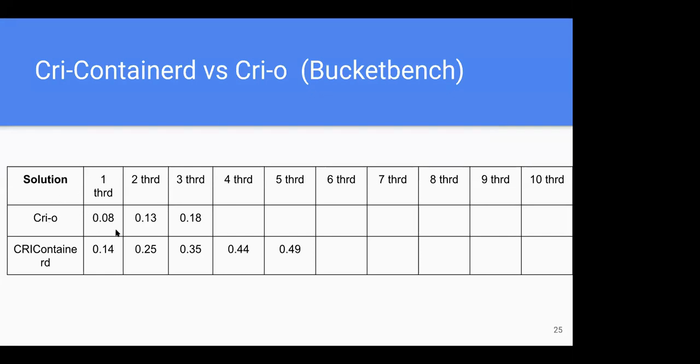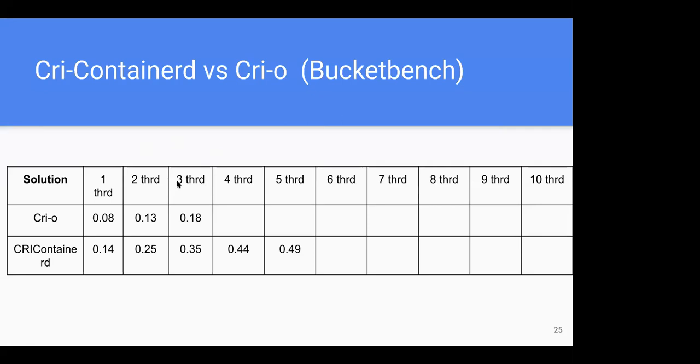I mean the iteration. So, for example, if we take the example of CRI-O, in the example of 1 operation per second, we have 0.08 iteration. But in the case of CRI-Containerd, for 1 thread, I mean 1 operation per second, we have 0.14 iteration. If we take another example, in the case of 3 threads, I mean 3 operations per second.